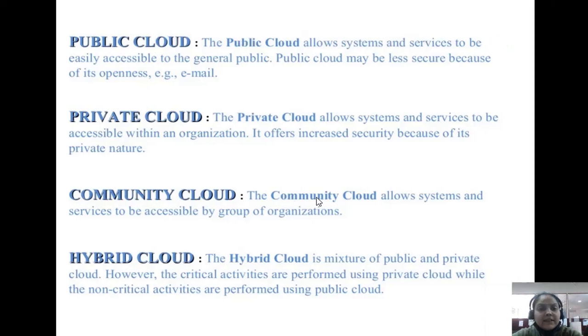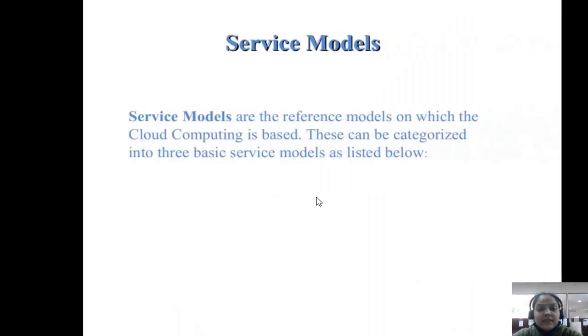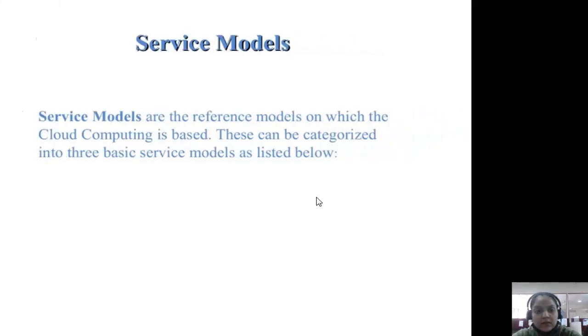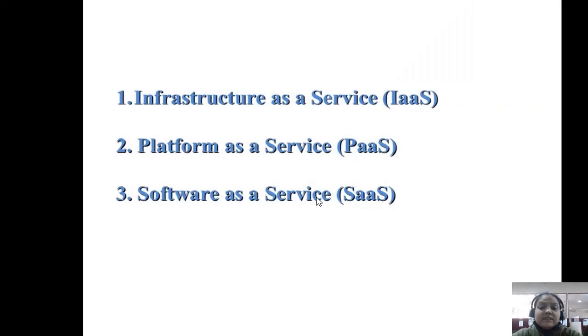Now if I go next, as you can see here, we have another type of cloud model, that is the service model. It basically has three various types of services, the basic services that you would be using. One is IaaS, that is infrastructure as a service. Then you have PaaS, that is platform as a service.